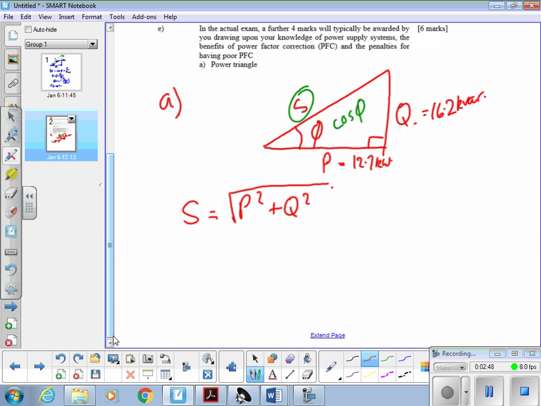That's the root of 12.7 squared plus 16.2 squared, equals 20.5 kVA.